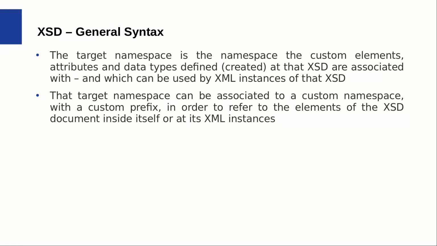So you need to have a target namespace in the document, but you also, whether in the XML instances or in the XSD document itself, need to have a custom namespace associated with a custom prefix, which we will generally use, but you can use whatever you want in order to link that custom namespace and prefix to the target namespace itself.